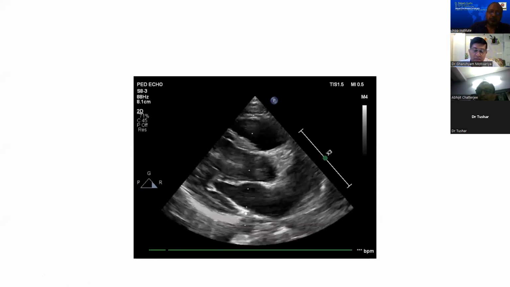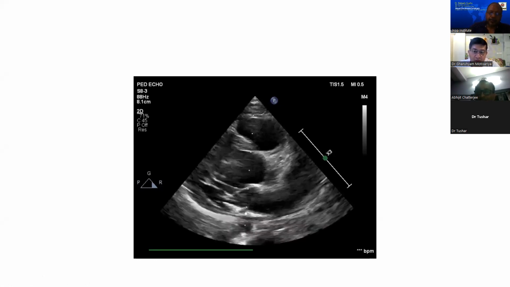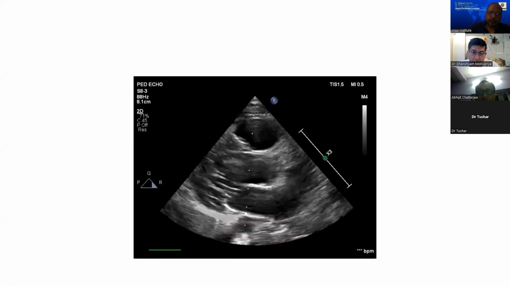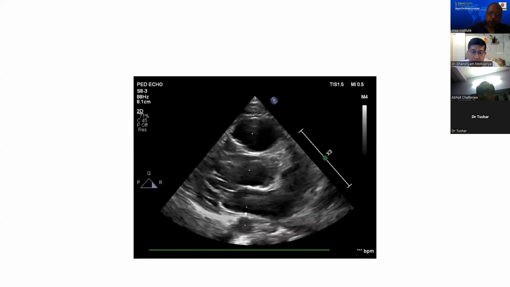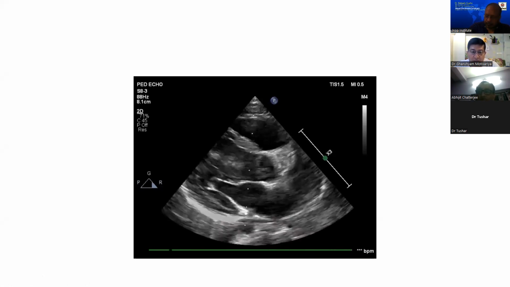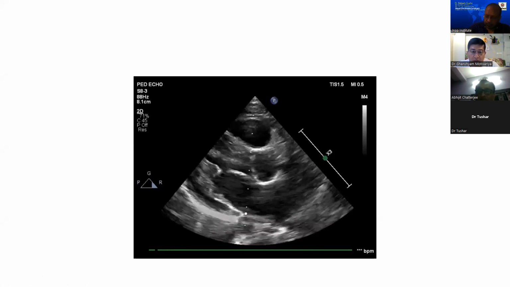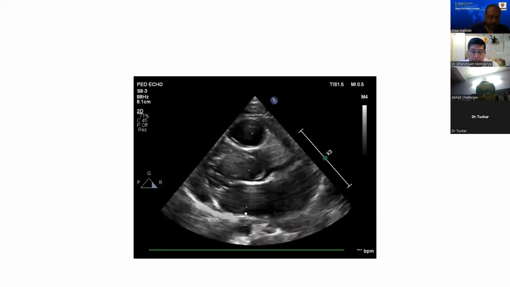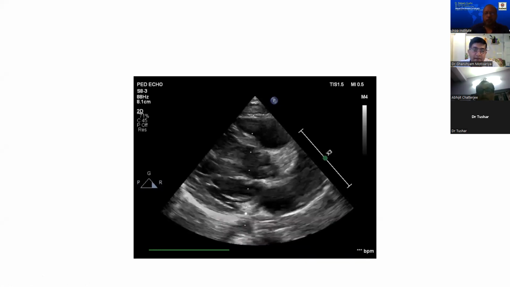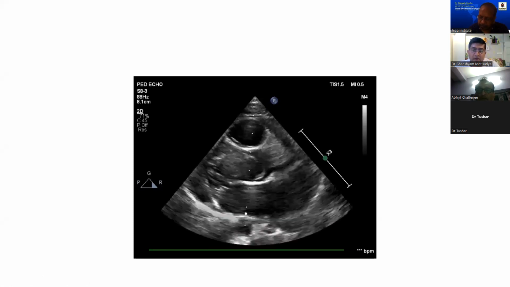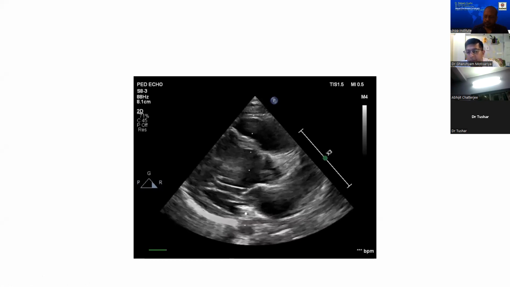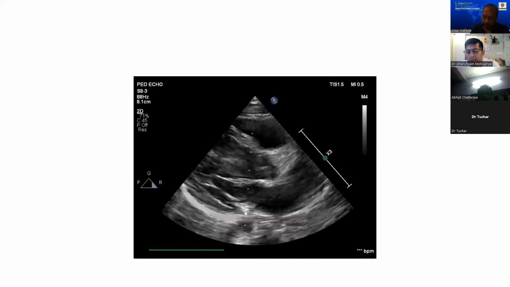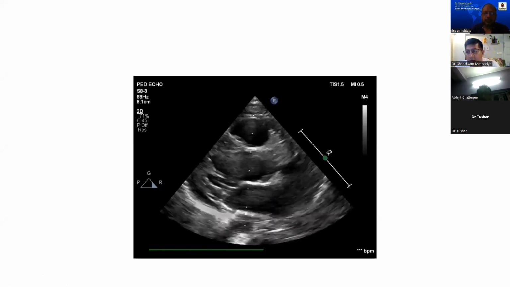I see doming of the aortic valve. So what do you think the diagnosis is? Functionally bicuspid aortic valve with aortic stenosis.